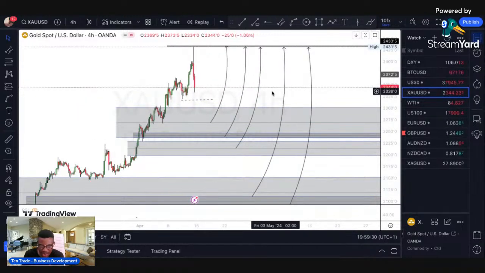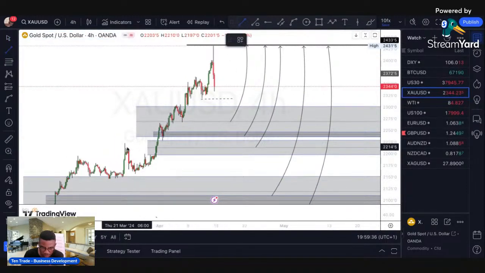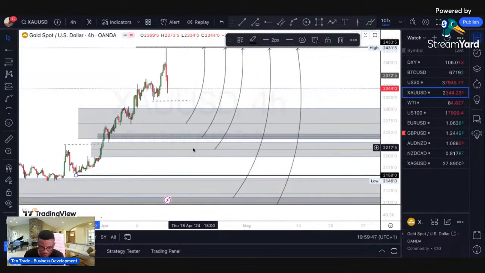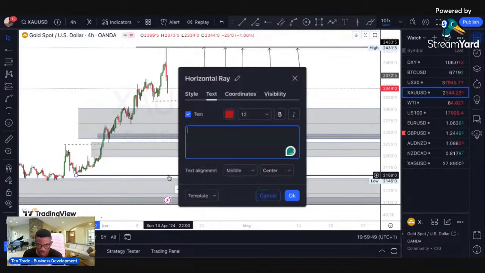The last place the market took off from, broke a structure, was here. So my major concern would be from here to here. This is H4 support.